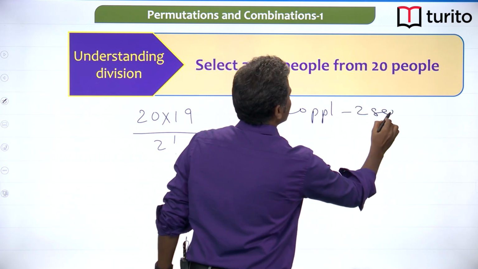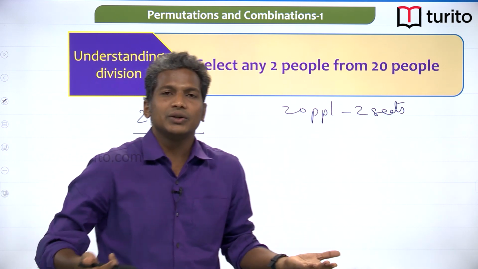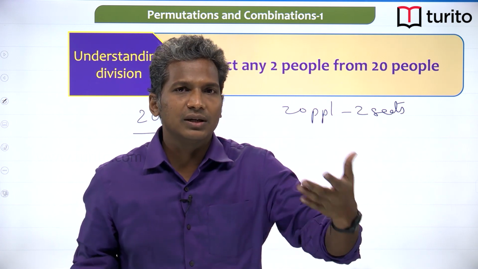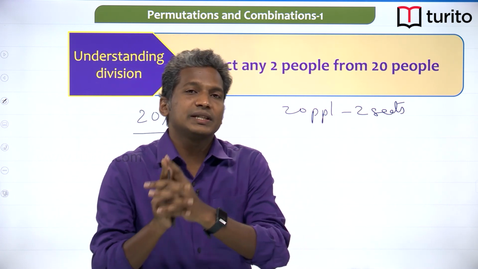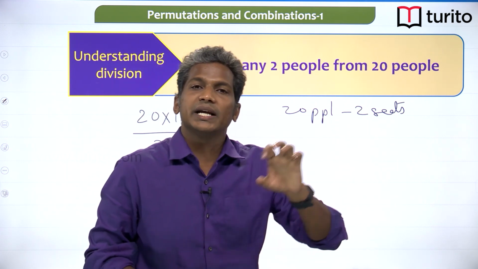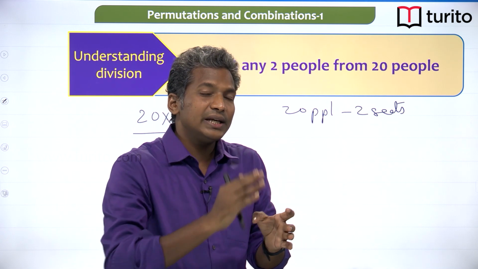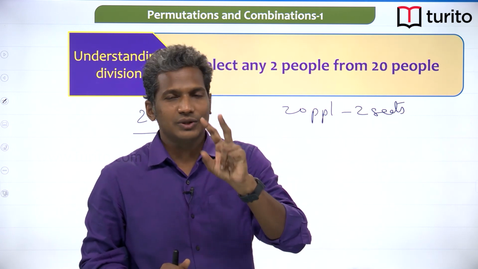You want to arrange 20 people in 2 seats. In how many ways can you do that? For the first seat it is 20 ways. For the second seat it is 19 ways. So, 20 into 19 is the number of ways of arranging 20 people in 2 seats.